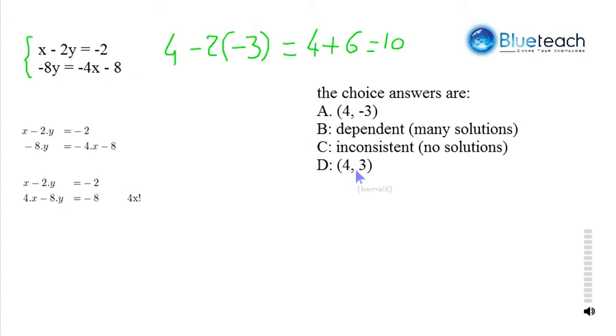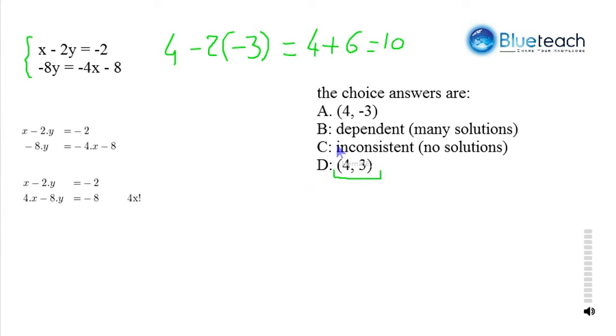Now, if you were to replace y by 3 and not minus 3, that would make 4 minus 2 times 3, 4 minus 6, and that would be minus 2. So that would actually work. This solution would work.